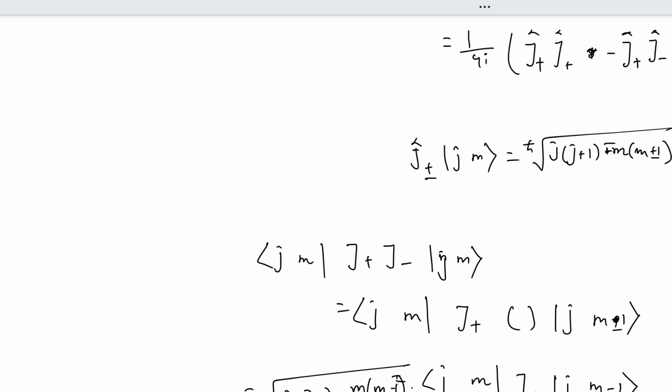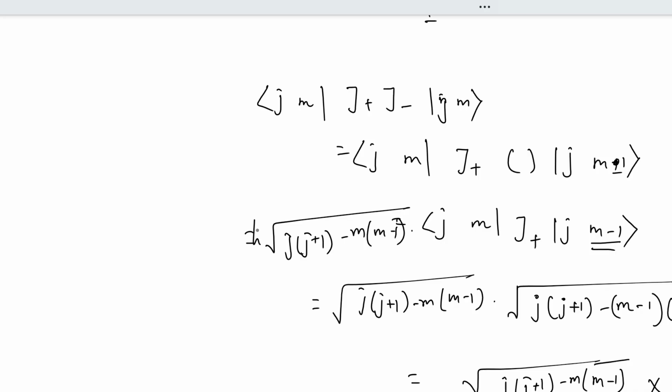Again, because this is a ladder operator with plus, so m minus 1 becomes m, right? So this becomes m. So this j plus has already operated. So this is jm inner product. So this is root over of j into j plus 1 minus m into m minus 1 into root over of j into j plus 1 minus m into m minus 1. So this is whole squared.